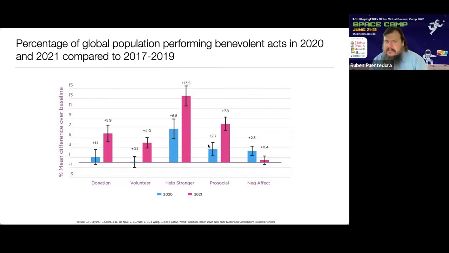In the second year of the pandemic, we see a greater increase in benevolent acts and a decrease in negative affect. Now that's interesting. That's interesting because it runs counter to the standard narrative of everything was great or everything was terrible. It's telling you there are interesting interactions here.